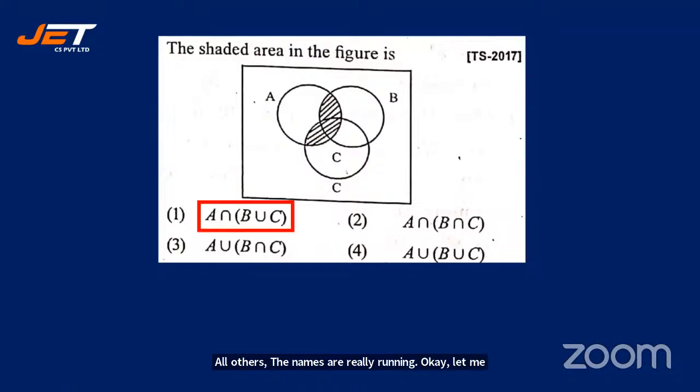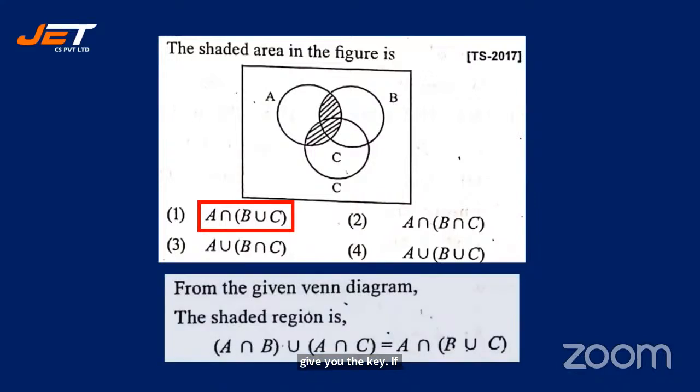It is A intersection B union C. How? See from the given Venn diagram. From the given Venn diagram, the shaded region is nothing but A intersection B, isn't it? And you have A intersection C. So their union is only being shaded.